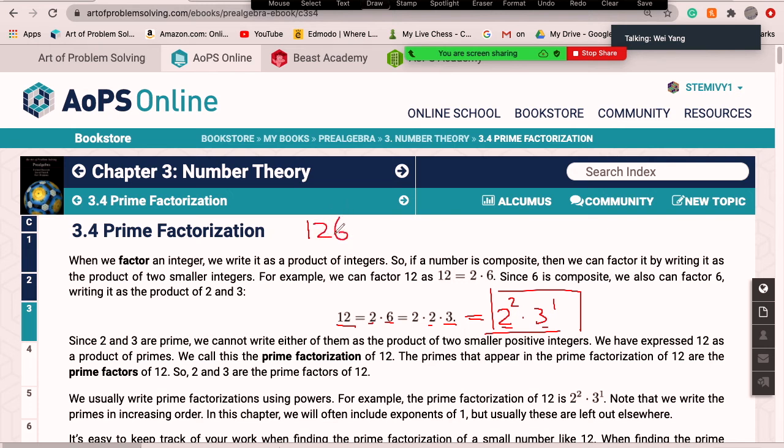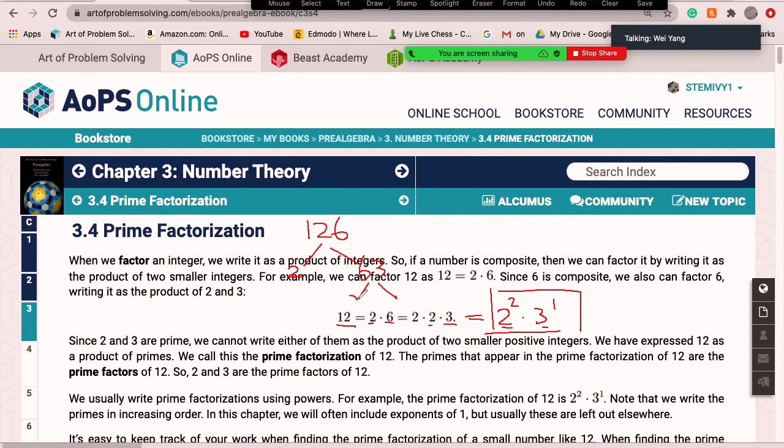Okay, so if we give you any number, suppose 126, first you divide this number by 2. You write this 2 with a line segment, write 2 here. 126 divided by 2, you get 63. Then you check if this number is still an even number. Now it's odd, so that means it doesn't have factor 2 anymore.